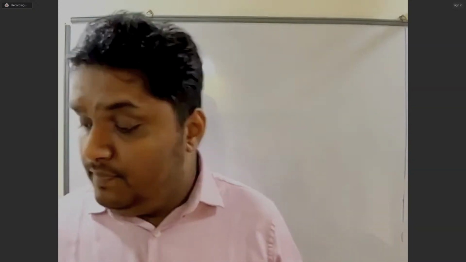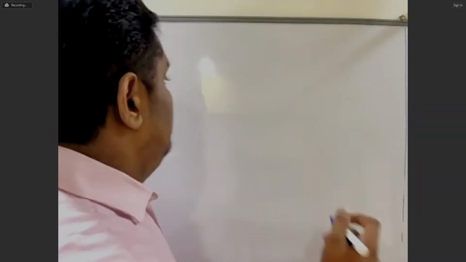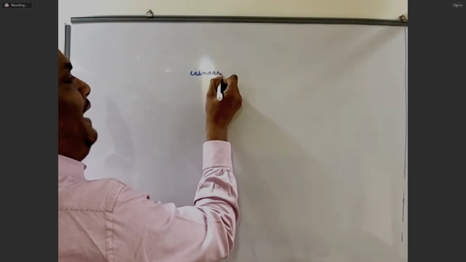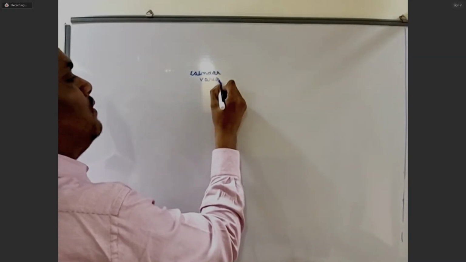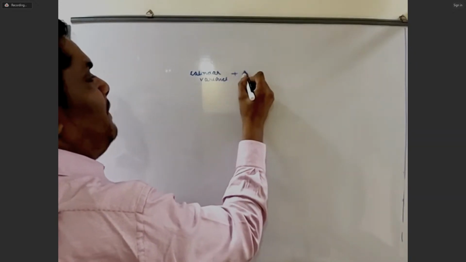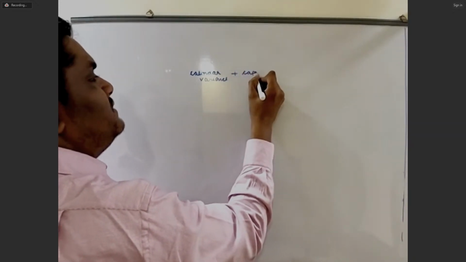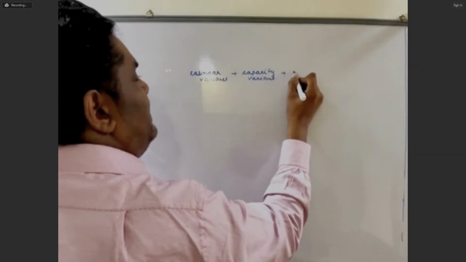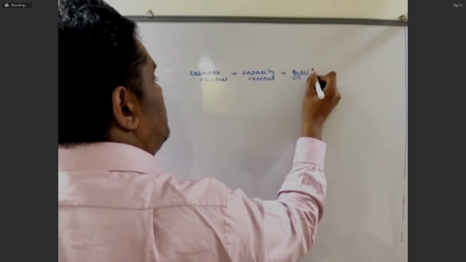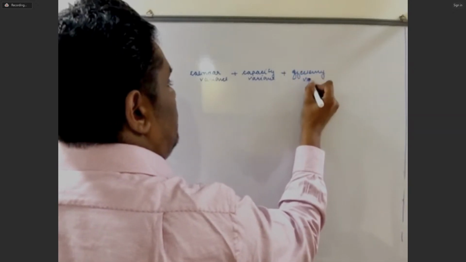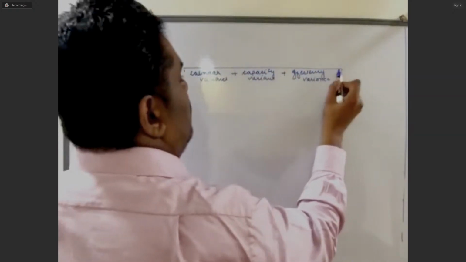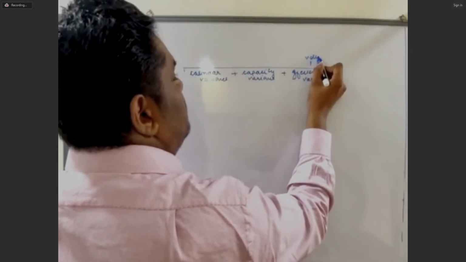One more point, guys. Fixed overhead. As discussed also, writing it for your reference. Calendar variance plus capacity variance plus efficiency variance will be what? Volume variance.